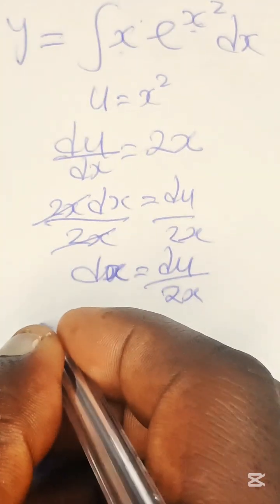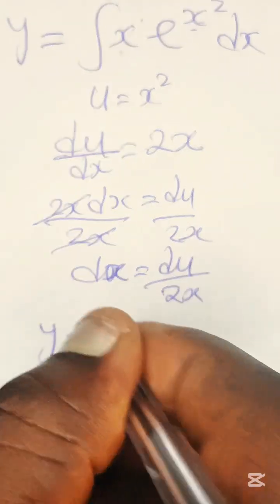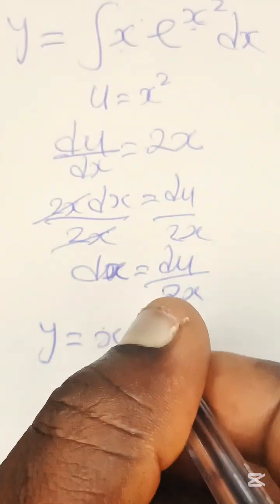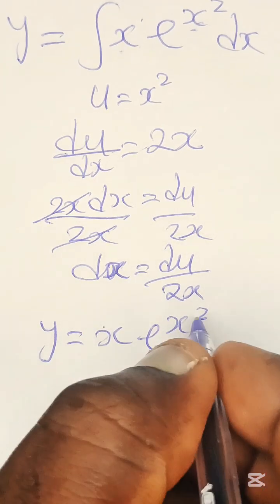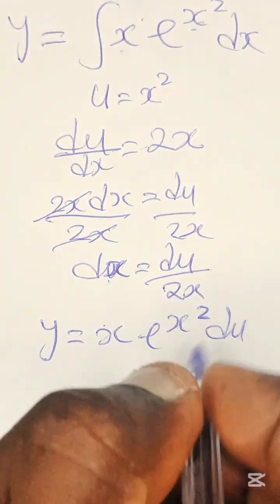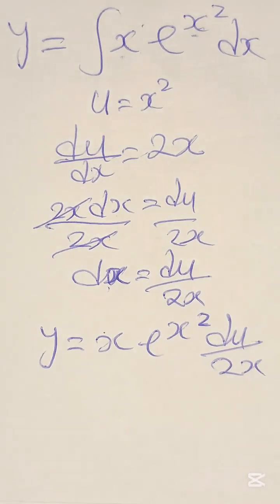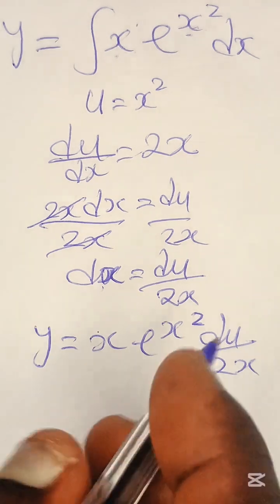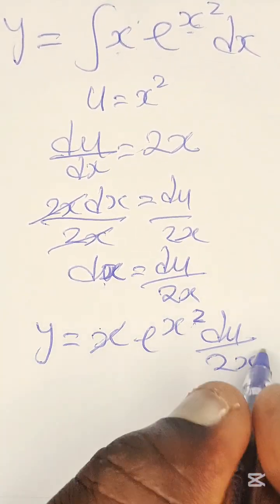When you get to this level, all you need to do is go back to the function. y is equal to x is there, e raised to the power x squared is there, and dx is du all over 2x. This x squared, this x will cancel this x.